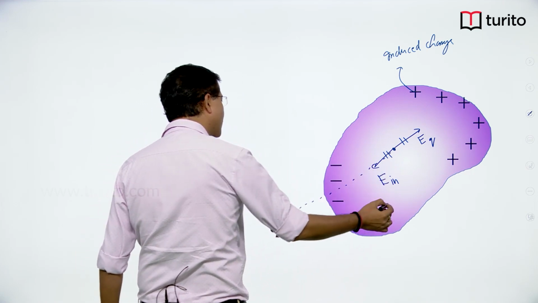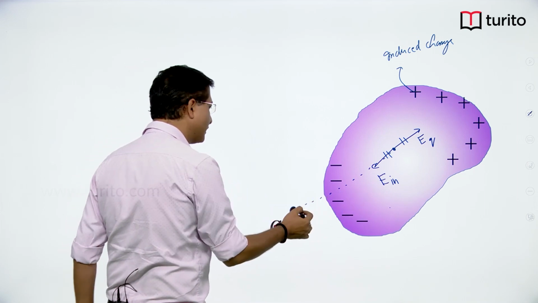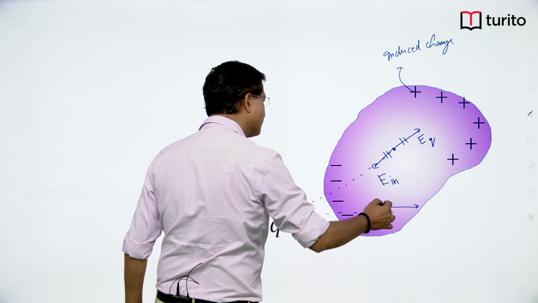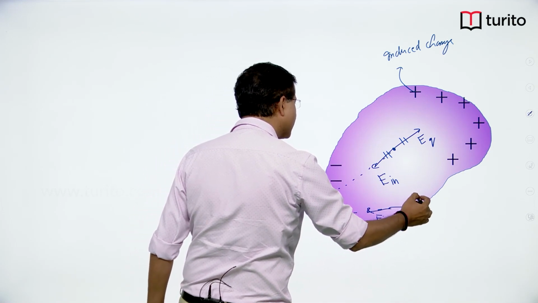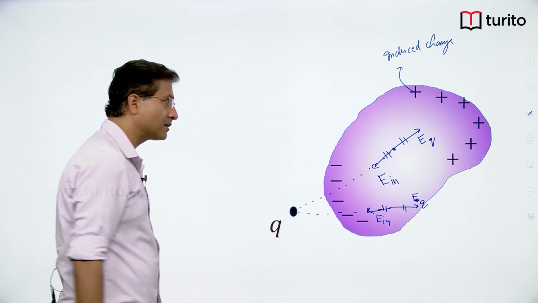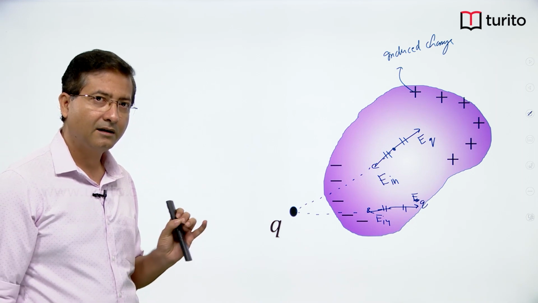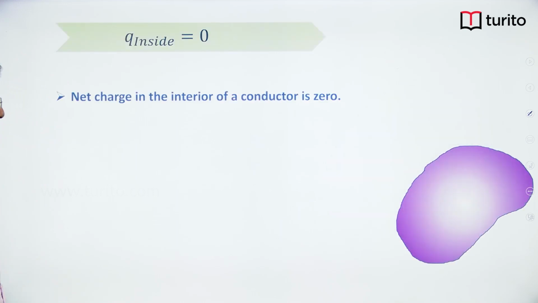The same thing happens for every point on the conductor. At this particular point Q is producing a field in this direction, and the induced charge will produce a field in this direction, and the net field under electrostatic condition has to be 0. They will cancel each other. So, at each and every point on the conductor the net field is 0. This is the first point, right.